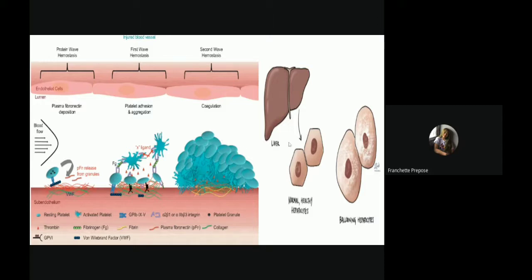You know, our liver is constantly making tons of clotting proteins, and these clotting proteins are normally circulating within the blood plasma, but they are kept inactive. These clotting proteins may interact with the phospholipid serine groups.